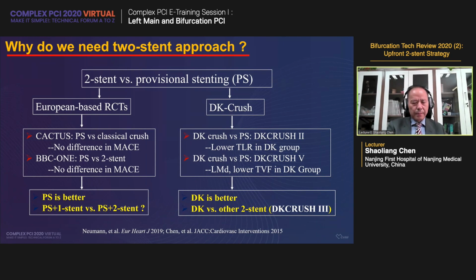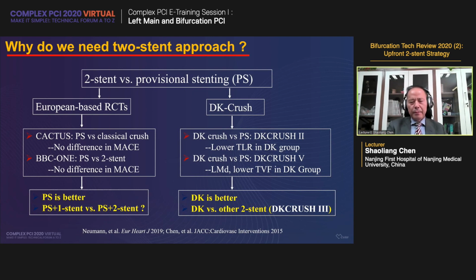between 2 groups. So it looks like provisional stenting is much better than two-stent technique because of fewer layers of stent struts. But the remaining question for provisional stenting technique is the comparison of provisional with one stent technique compared with provisional with the two-stent technique.